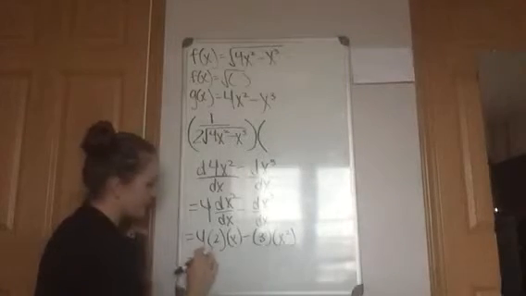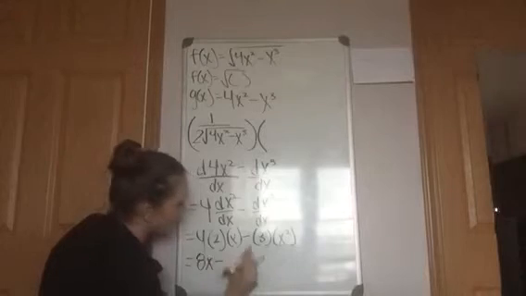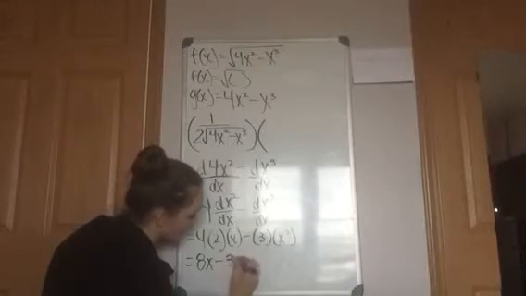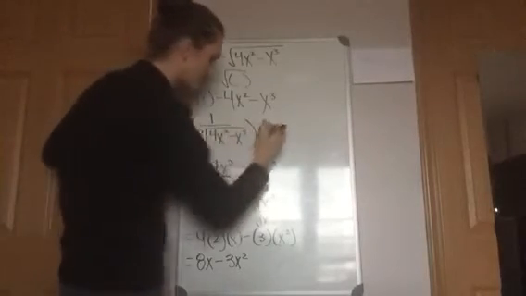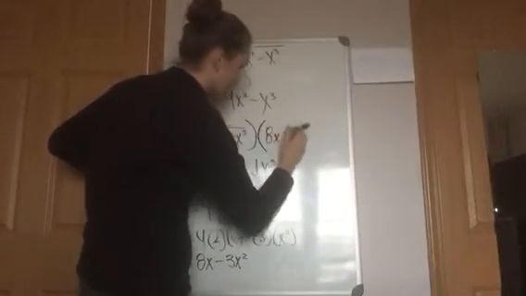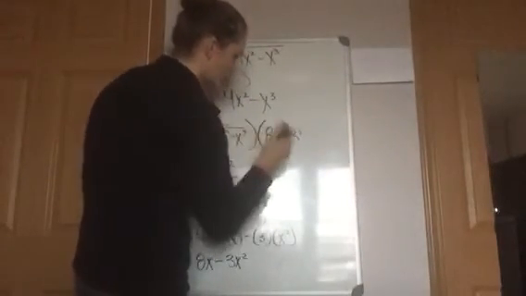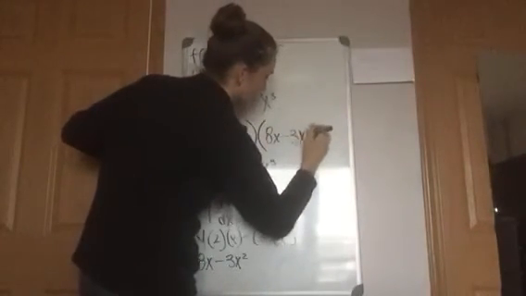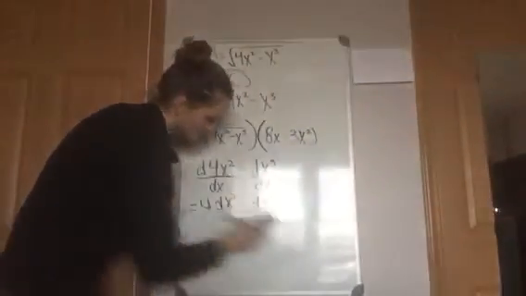So then we have 4 times 2 is 8x minus 3x squared. Then we're going to put this up here. So we have 8x minus 3x squared.